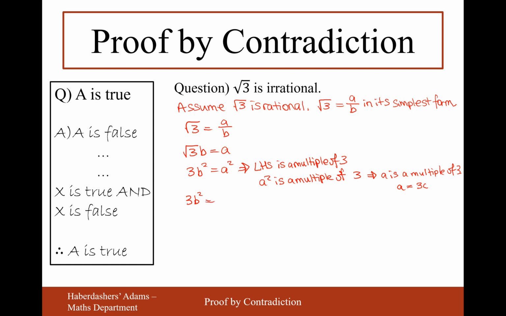3b squared equals 3c squared, because I know that a is a multiple of 3. Expand the brackets on the right hand side, divide by 3, and now I know that the right hand side is divisible by 3, so therefore b squared is a multiple of 3.